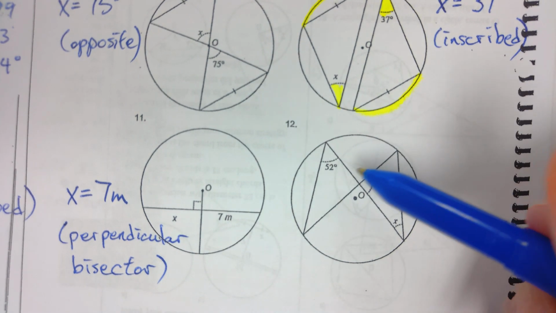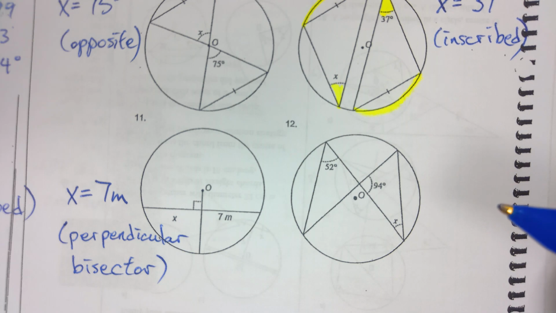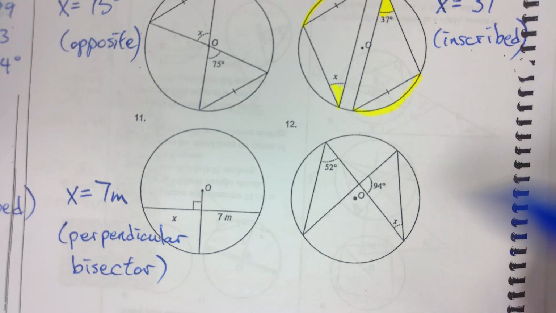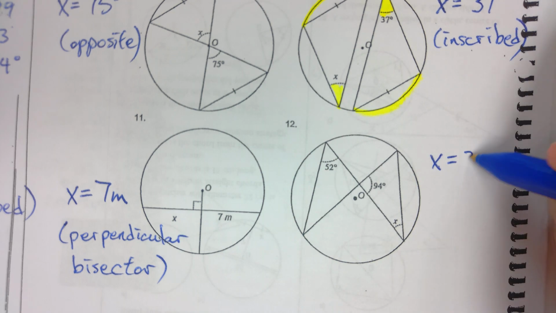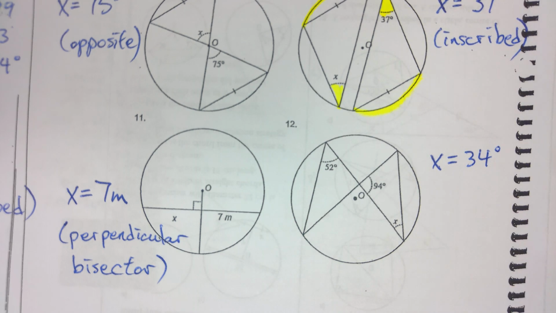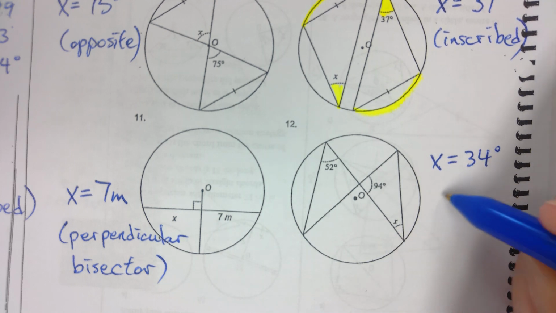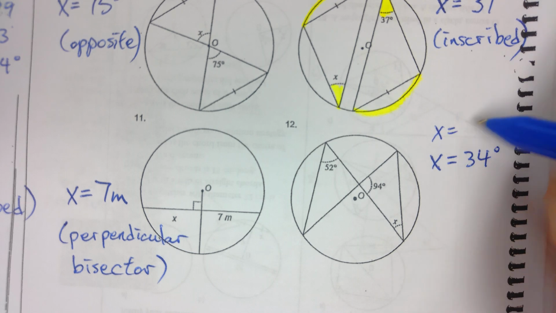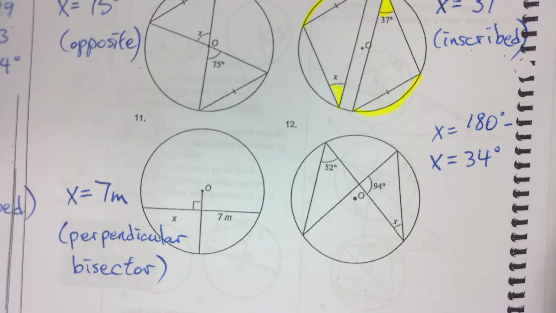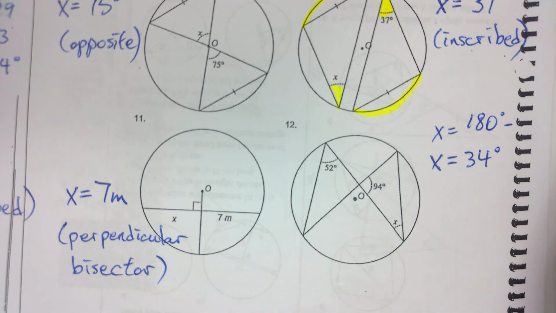And last one, Joanna. X. 34 degrees. How did you get that? I did 180 minus 94 minus. So X equals 180 minus, a little hard to see here.